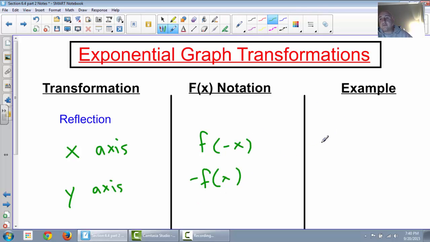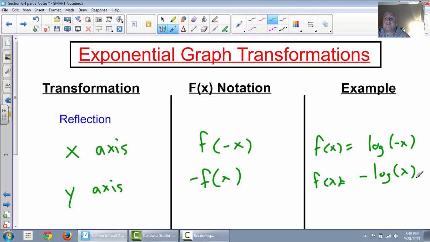Okay, so an example of what each of these would look like. So for x-axis, we have log of negative x. And then for the y, we have negative log of x. Okay. So if you notice, we've just put a negative in front of the x part for the x-axis, and we make the whole function negative for the y-axis.